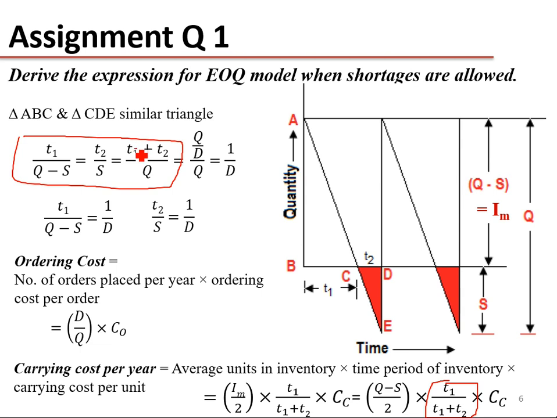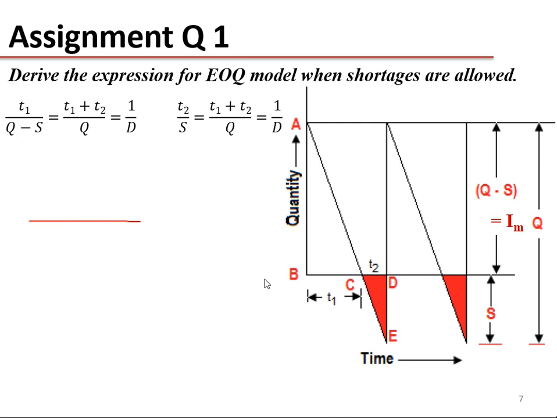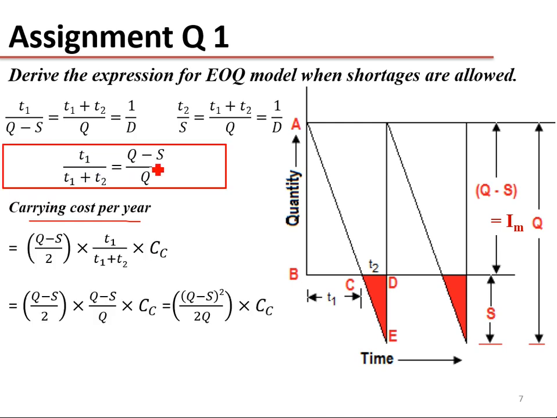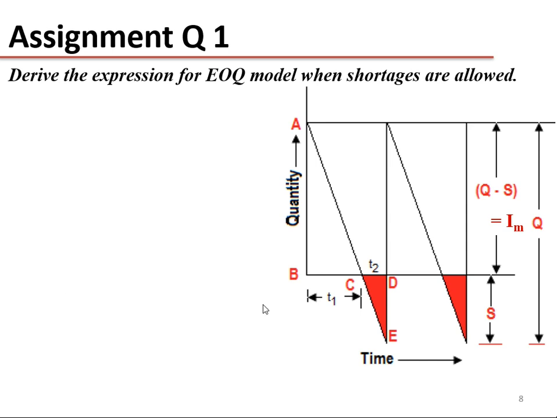You can see if you take all this term to this side and Q minus S to this side, that is nothing but T1 upon T1 plus T2. So we can write over here Q minus S upon Q. So we can replace this T1 upon T1 plus T2 in terms of this value. So we get the equation in this form. So Q minus S becomes squared, and it becomes 2Q over there. This becomes this, and CC as it is, the carrying cost per unit.